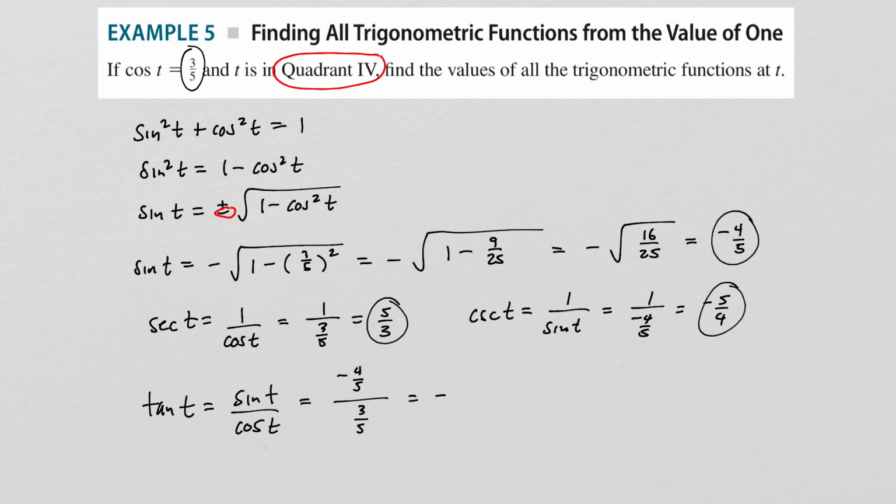And when you invert and multiply here, you get the value negative 4/3. And then finally, cotangent of t, you can do this two different ways. You could say that it's cosine of t over sine of t, or you could simply take the reciprocal of tangent. It works either way, but in either case, you should get negative 3/4.